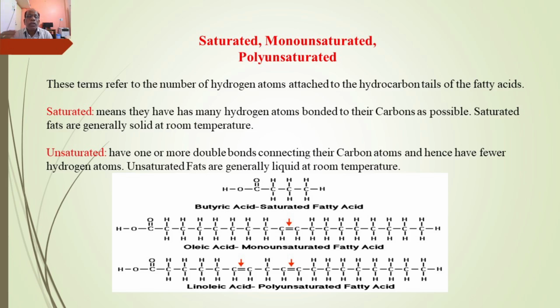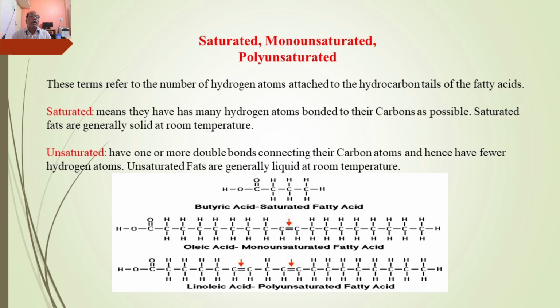Linoleic acid is called a polyunsaturated fatty acid due to the presence of two double bonds. The presence of one, two or more double bonds in fatty acids makes them unsaturated, and unsaturated fats are generally liquid at room temperature.